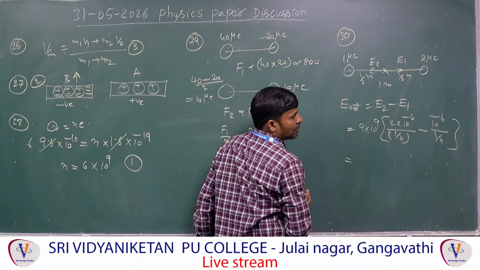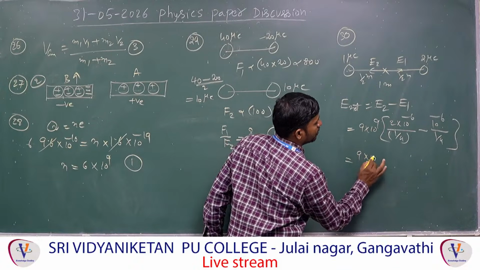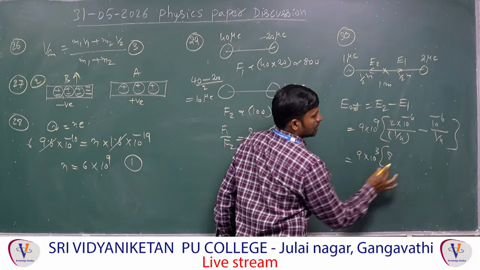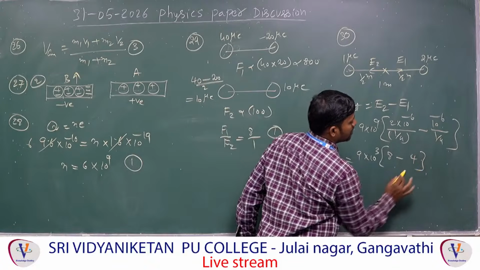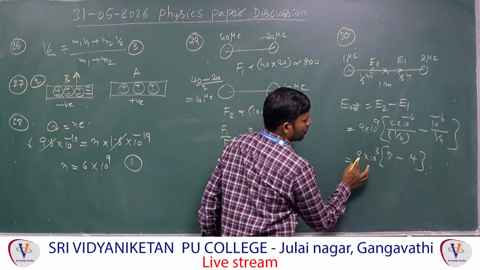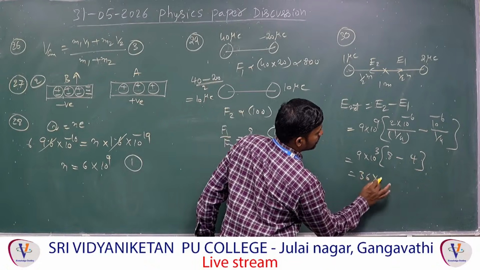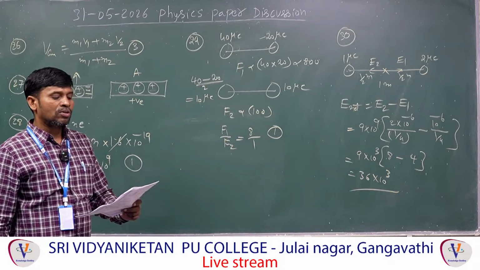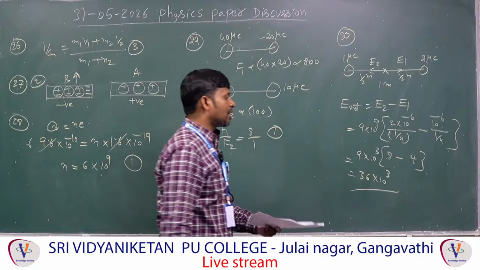Take 10 power minus 6 outside: 9 into 10 power 3 times (8 minus 4), which is 4. 4 nines are 36 into 10 cube, or 3.6 into 10 power 4.